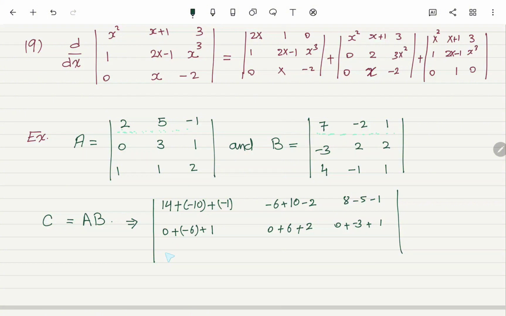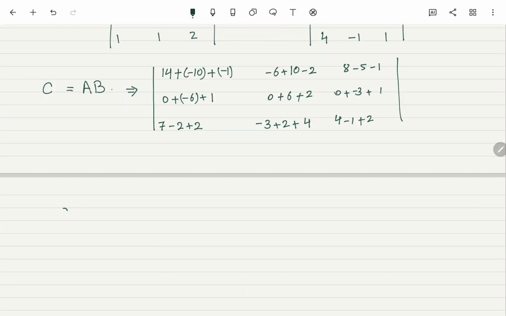And the third row of determinant C: 1 times 7, 7, 1 times minus 2, minus 2, 2 times 1, 2. And 1 times minus 3, it's minus 3, 1 times 2 is just 2, 2 times 2, it's 4, and again 1 times 4, it's 4. 1 times minus 1, minus 1. 2 times 1 is just 2.